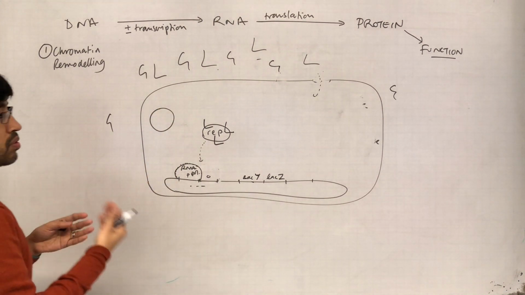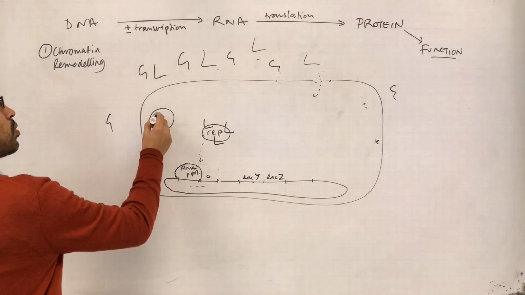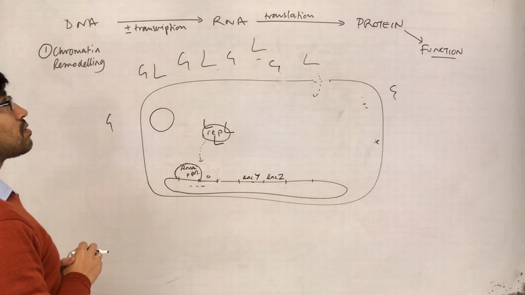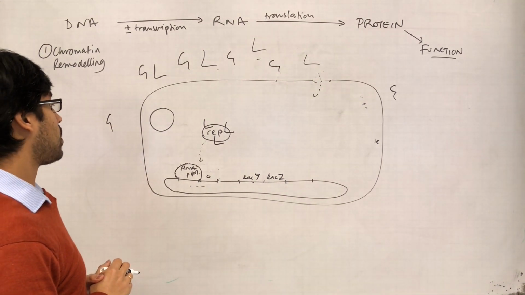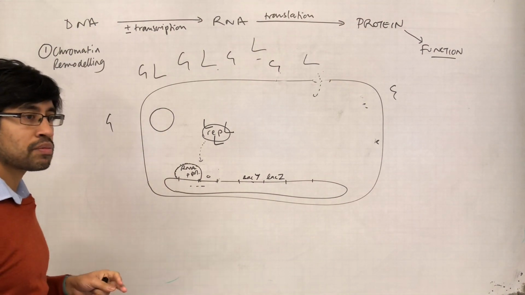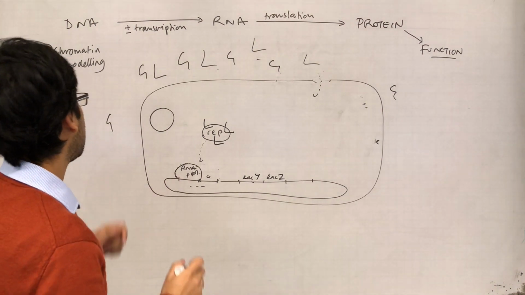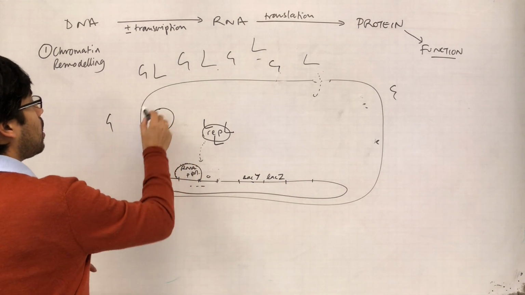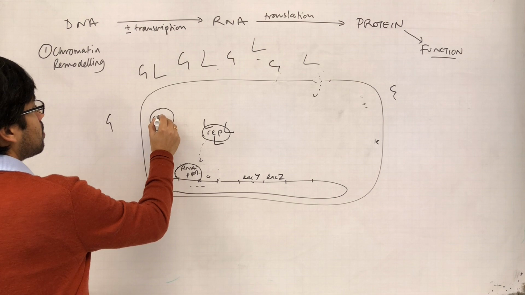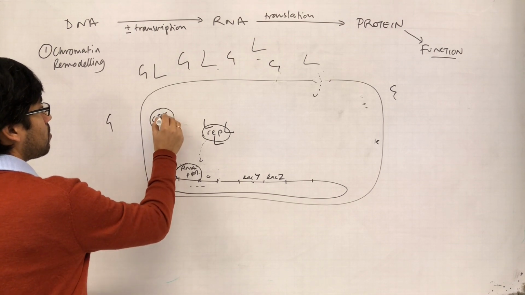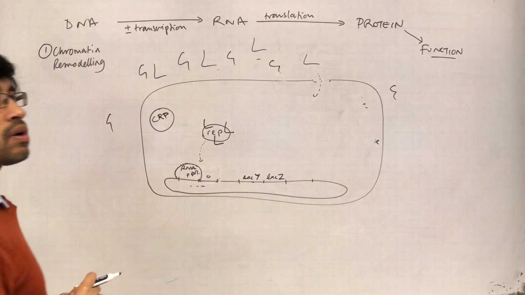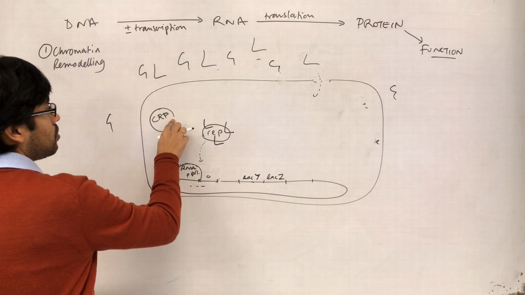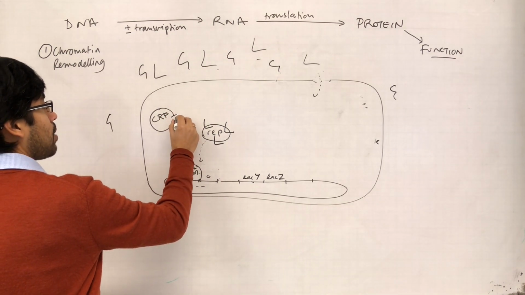So there is another protein involved in this story called the cyclic AMP receptor protein, otherwise called catabolite activator protein, and I'm pretty sure it has other names too. So let's just call it CRP for now. This protein binds cyclic AMP.